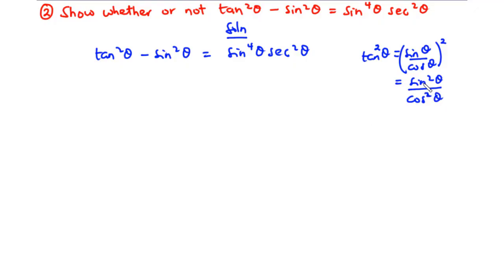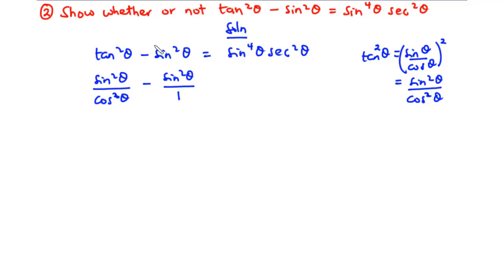So we are going to input that here. So in place of tan squared theta, we have sin squared theta over cos squared theta minus sin squared theta over 1.